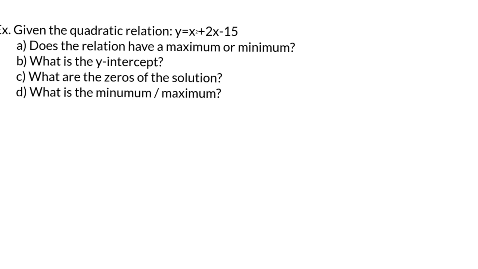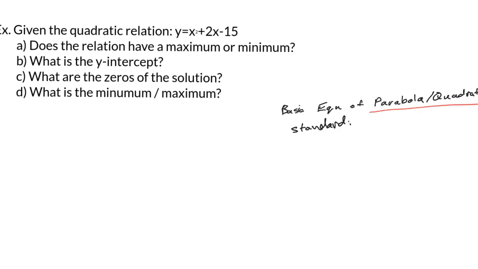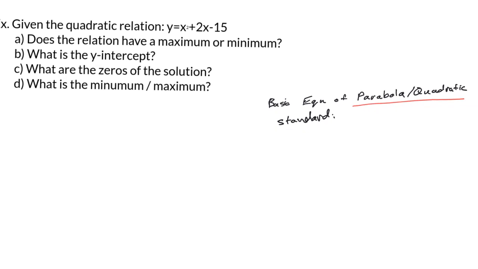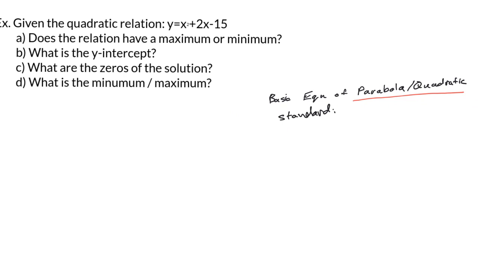And then we'll summarize it at the end. So the basic equation for a parabola, also known as a quadratic, is given by this standard basic equation. Y is equal to ax squared plus bx plus c.